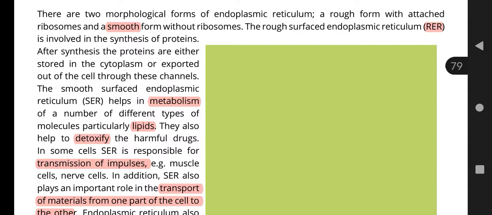Two more functions are the transmission of nerve impulses, or you can say the message, which is transferred from one part of the cell to another part through the smooth endoplasmic reticulum, and transport of many materials, entering from one side and exiting from the other side. So these are the four functions: lipid metabolism, detoxification, transmission of impulses, and transport of material, done by the smooth endoplasmic reticulum.